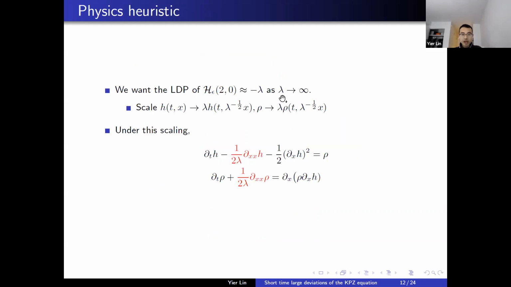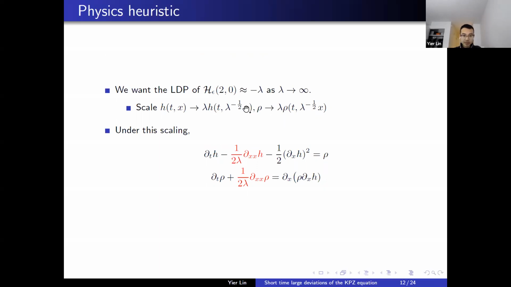So you take lambda to infinity, and a natural thing to do is to apply some scaling to your h and rho in your pair of PDE. Then under this scaling, your h and rho will satisfy a scaled pair of PDE.